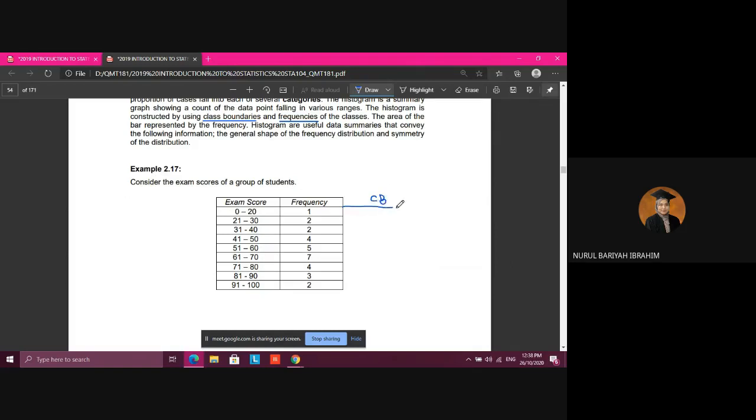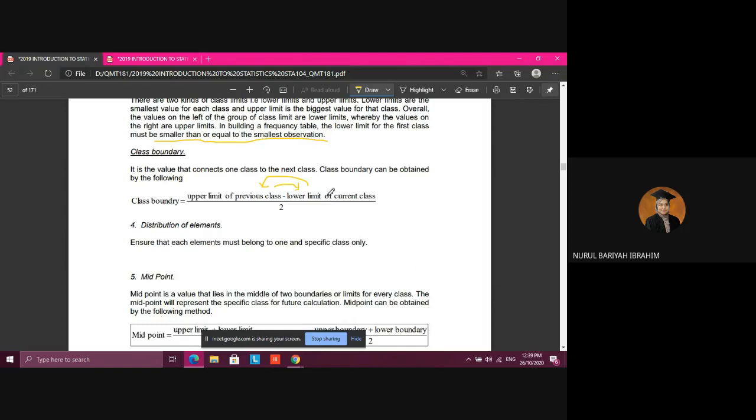To create the histogram, we need 2, which is the class boundaries dan juga frequency. Class boundaries dekat x-axis, frequency dekat y-axis. So we need to create the class boundaries from the class interval that we have. So it is lower limit of the current class minus dengan upper limit of the previous class.